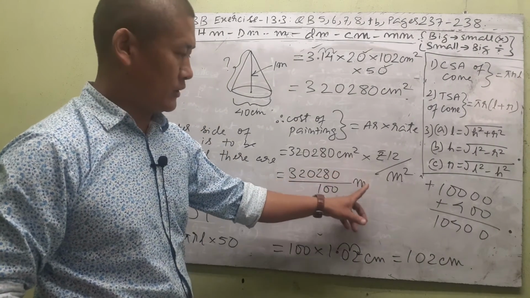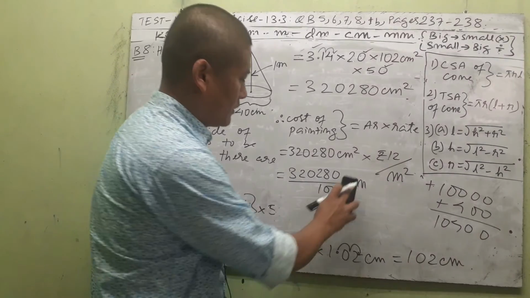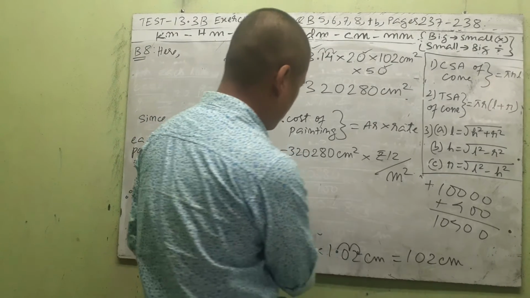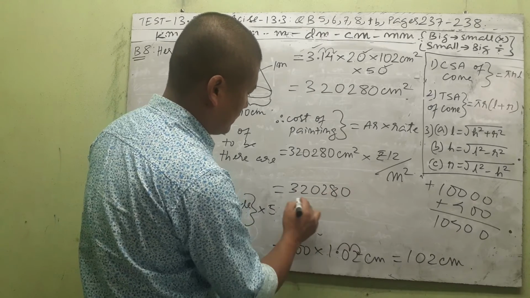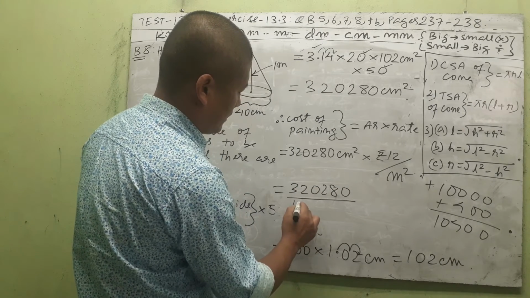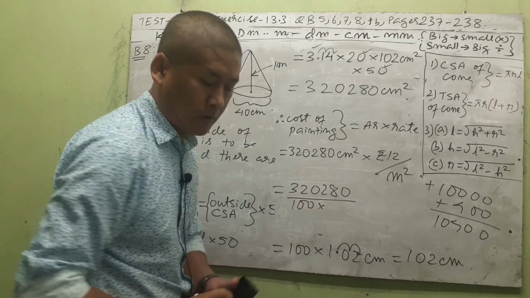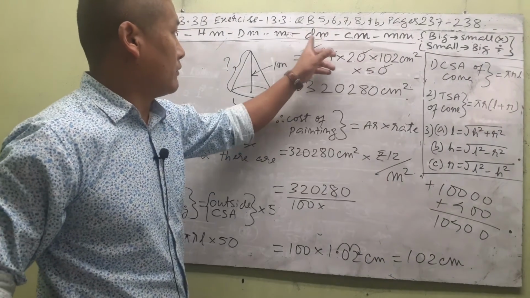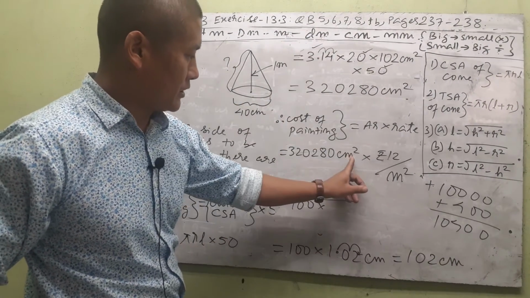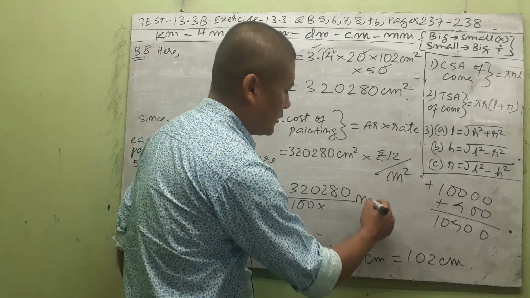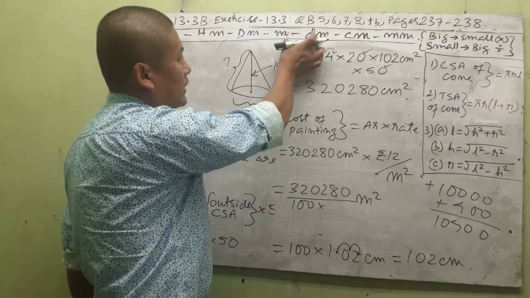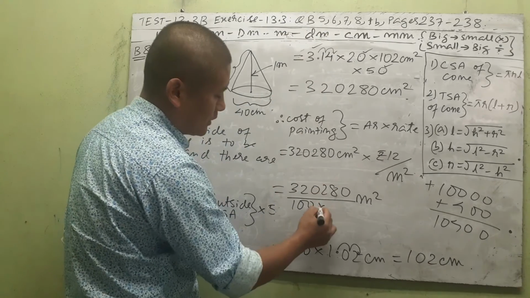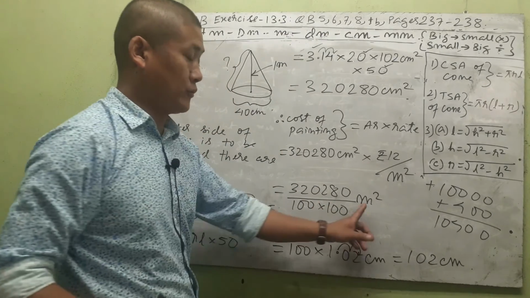Centimeter square has to be changed to meter square, so you have to do it 2 times. Centimeter to meter is only 100, but centimeter square to meter square means 100 and 100, double because of square.